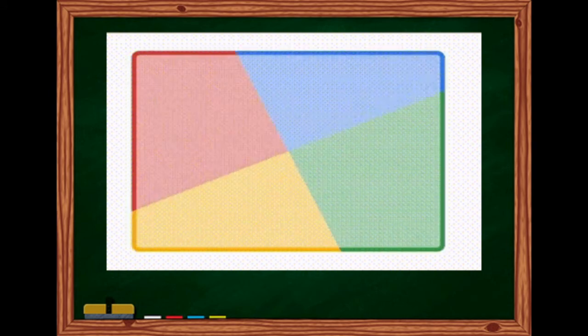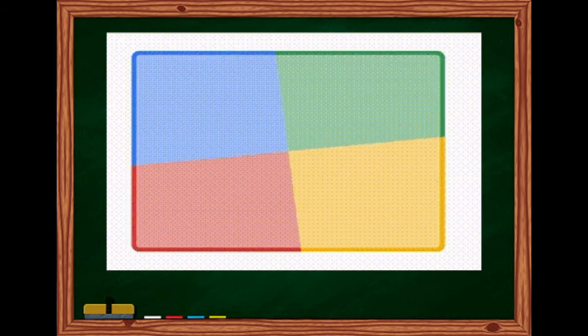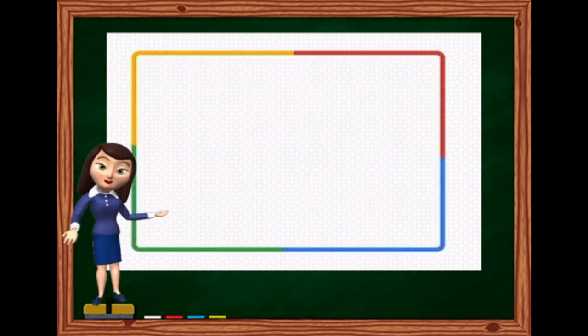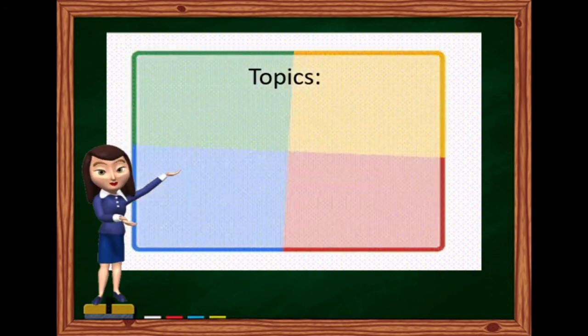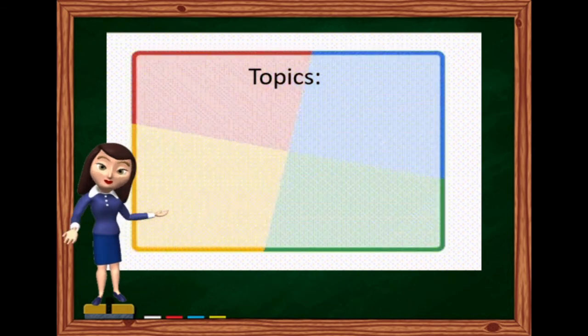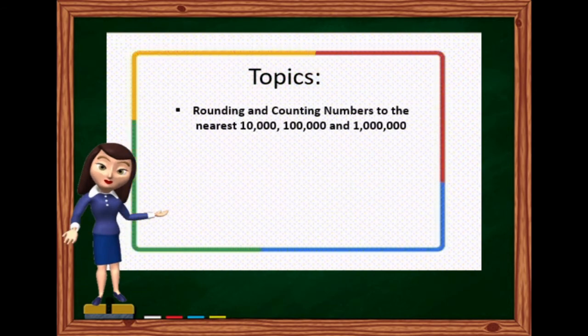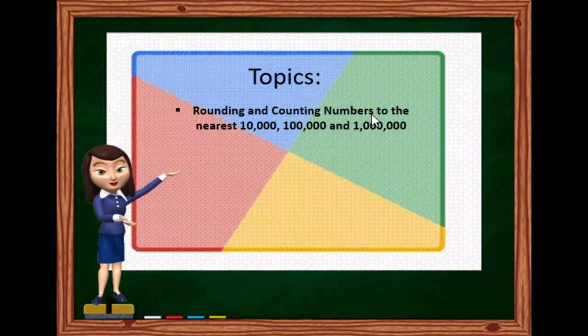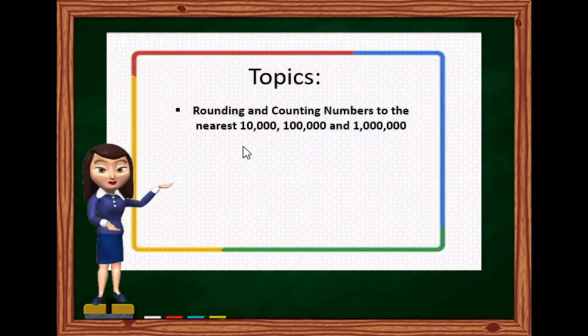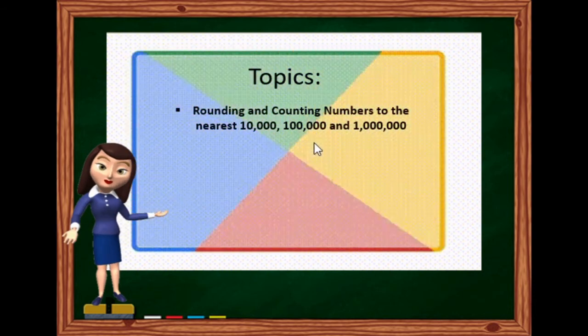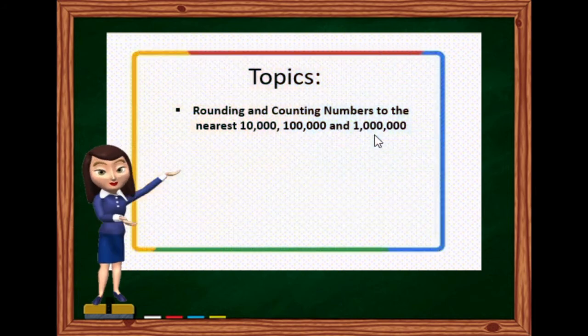On your screen, I am trying to flash the topics that we can possibly tackle in this video. Last time, I introduced to you rounding and counting numbers to the nearest 10,000, 100,000, and 1 million.